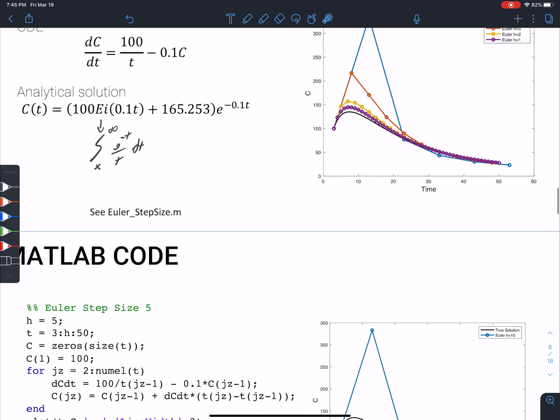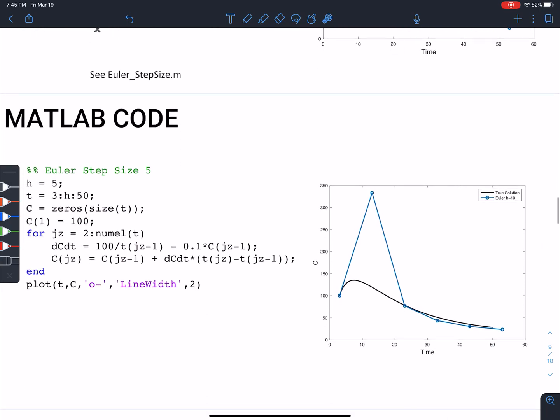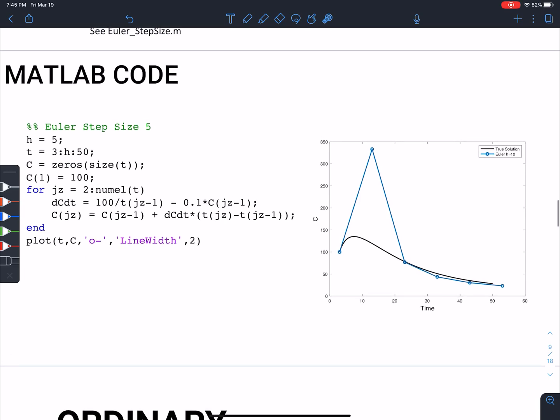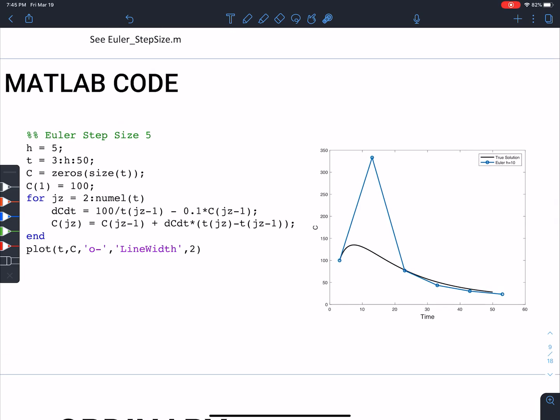So how does all of this look in Matlab? It's very simple to implement Euler's method in Matlab. Here, let's begin. We define a variable for h, the step size. And then we define our t vector. We're going to compute our function c at these values, so 3, 8, 13, all the way to 50.